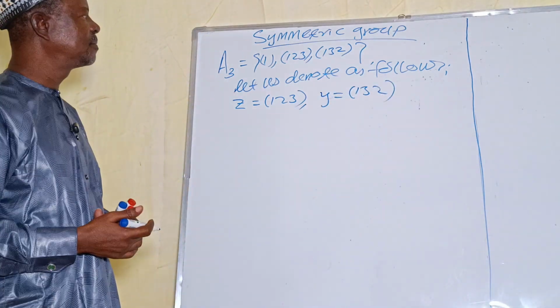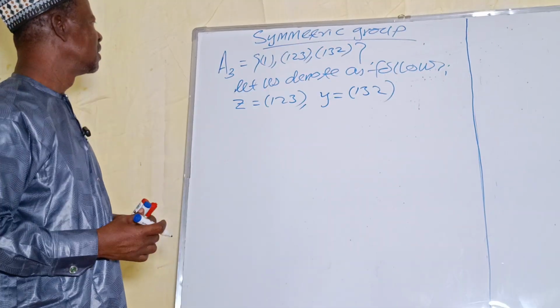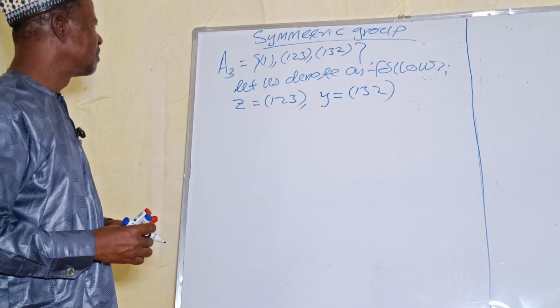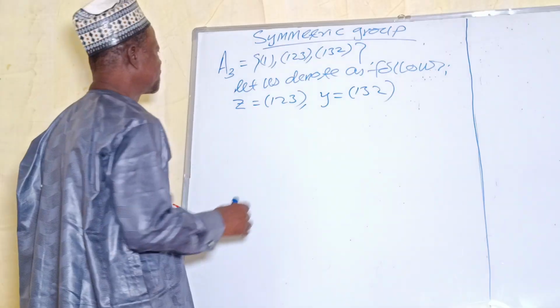Now let us do some little computation to see whether we can actually identify some order in this group.